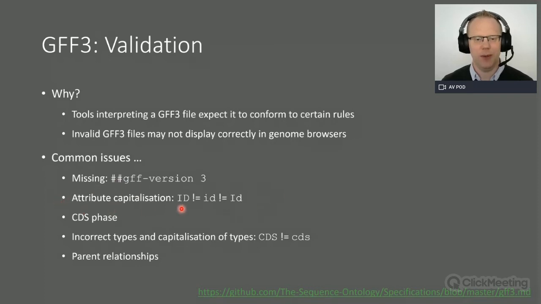So one thing that I didn't mention, but is mentioned in the specification, is that all attributes in column 9 are case sensitive. So that means ID uppercase is different from ID lowercase and is different from capital I little d. And the other thing to note is that all attributes that start with a capital letter have been reserved by the specification.